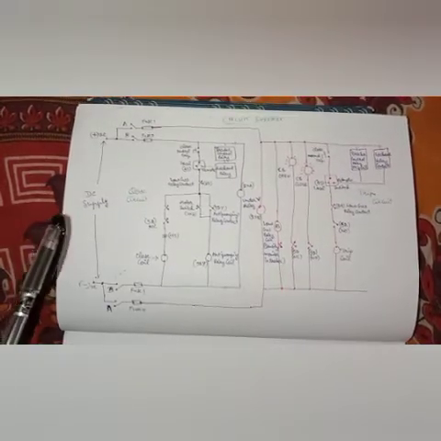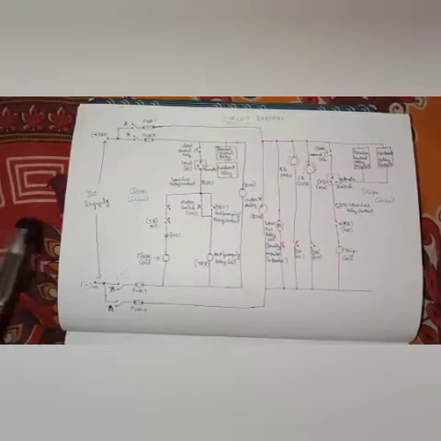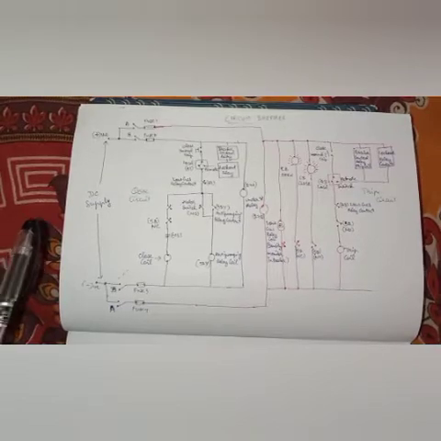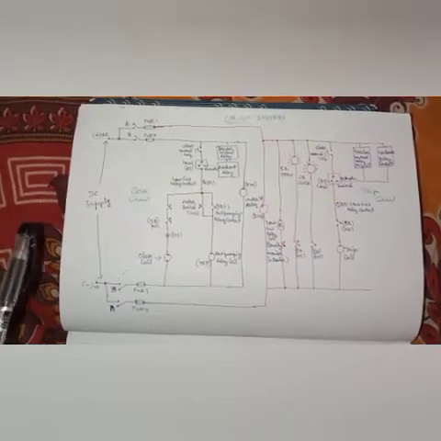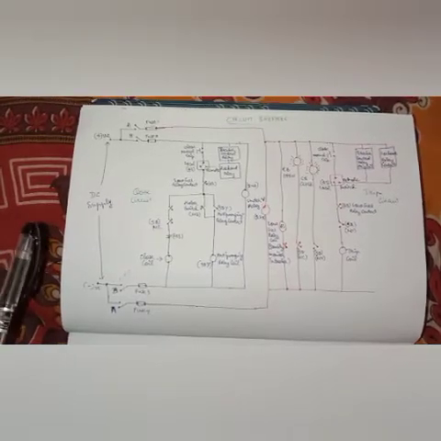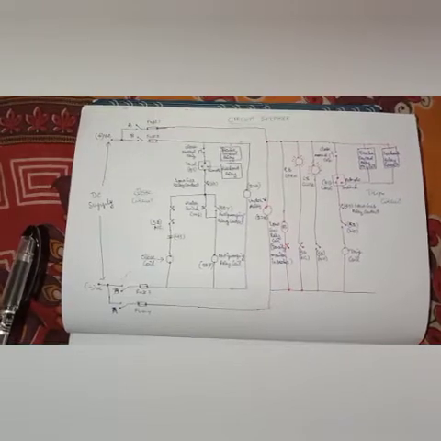The DC is normally produced in our substation through chargers, the DCDB chargers, which means DC distribution chargers, and those chargers are connected with batteries. So we have an emergency supply also.